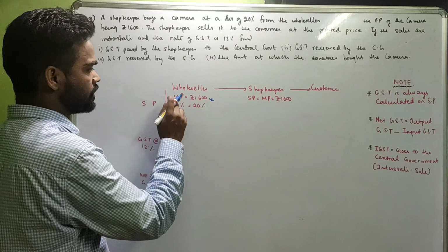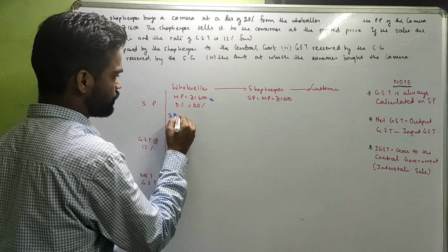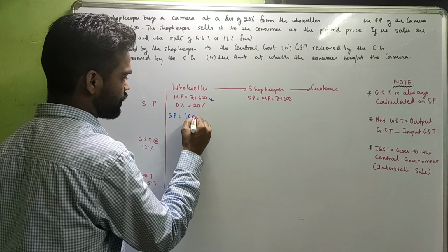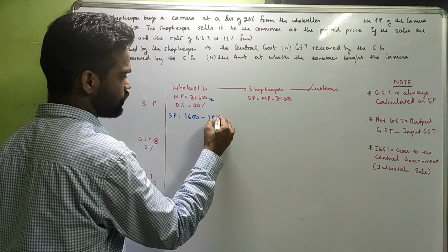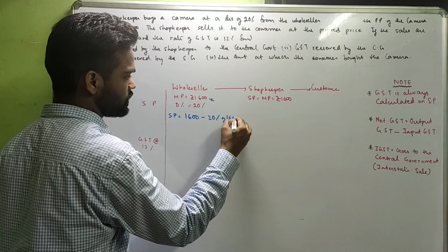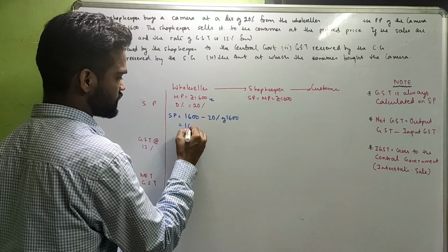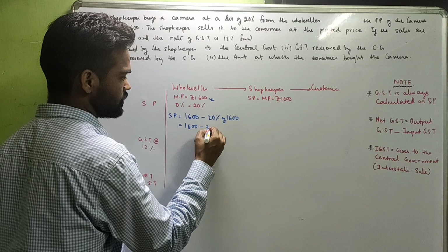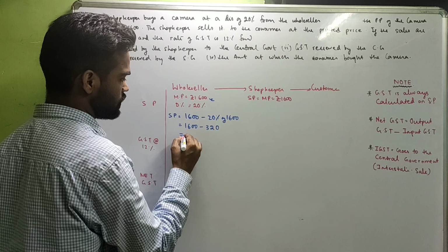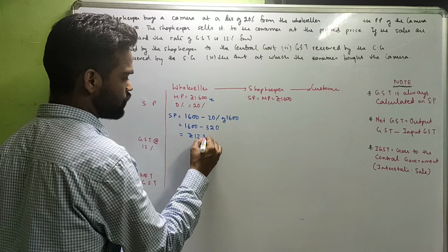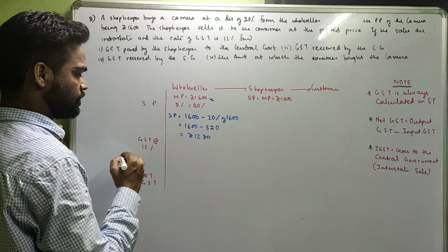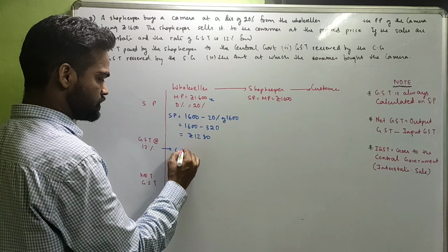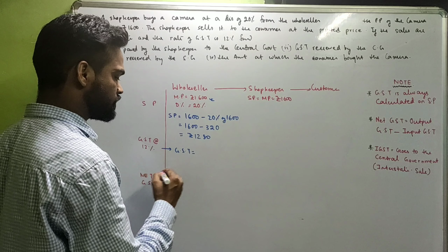Again, step by step. First of all, find the SP over here, which will be mark price minus discount, which is 20% off mark price, which is 1600 minus 320, which is rupees 1280. Am I clear? Now comes the GST. GST is what? 12%.